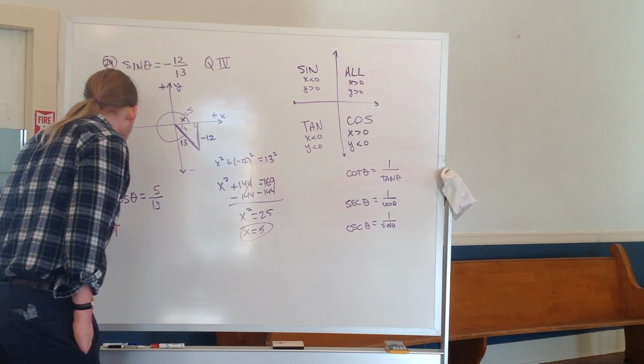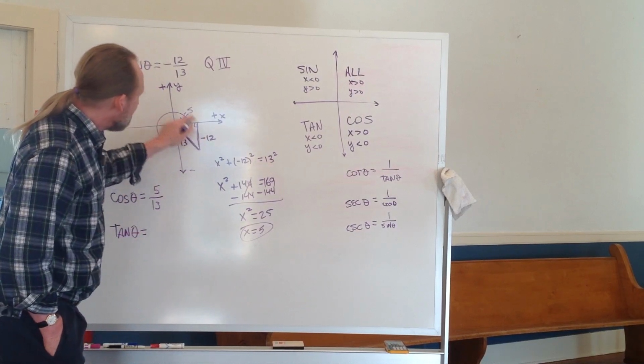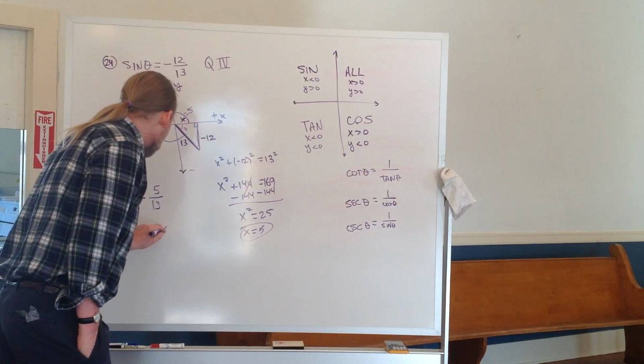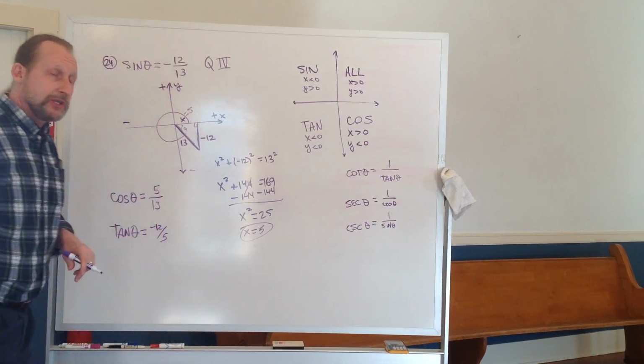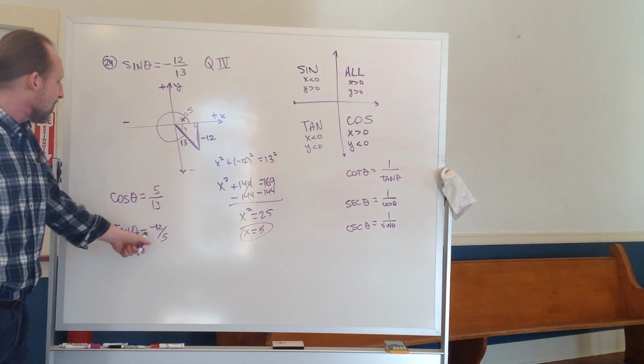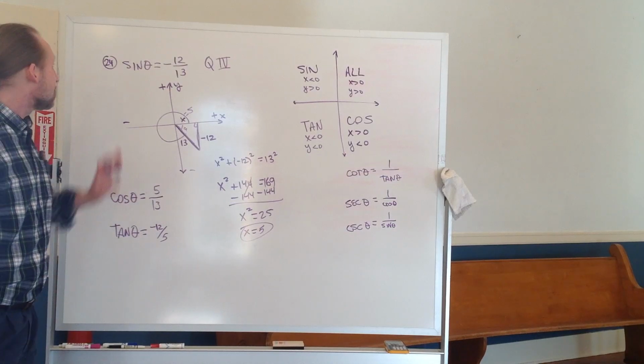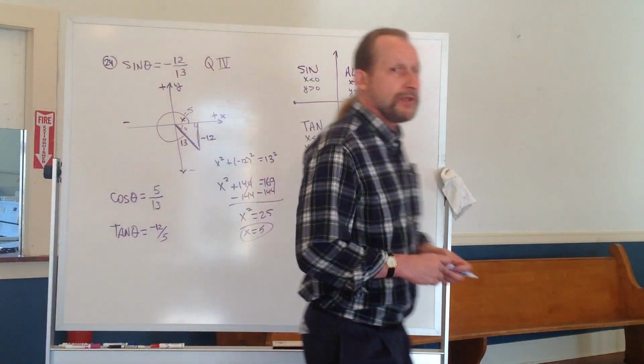The tangent is going to be negative 12 over 5, the opposite over the adjacent. The 12 will keep its negative sign, and the 5 is a positive number. Tangent's negative, cosine's positive, sine is negative. So there's problem 24.